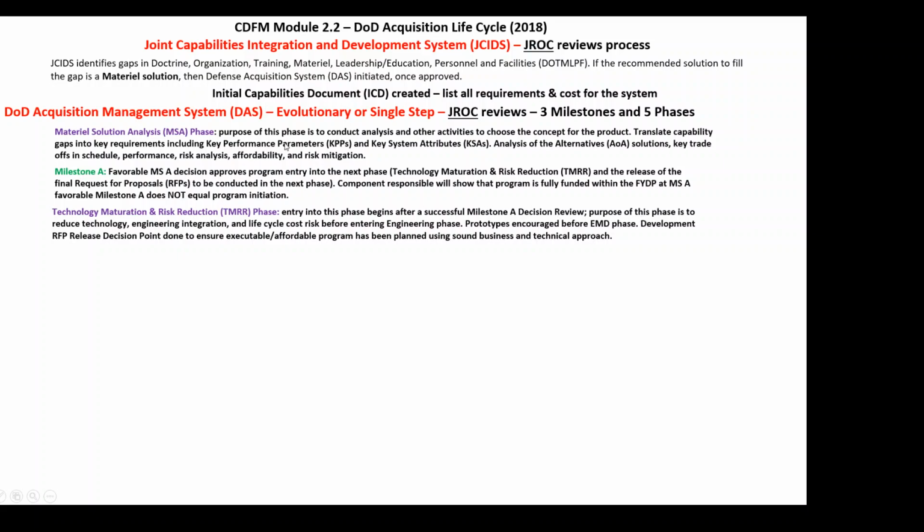The purpose, make sure you know the purpose of each. So I kind of started off each one. So material solution analysis, the purpose is to conduct analysis of the activities to choose the concept of the product. Technology maturation and risk reduction phase.